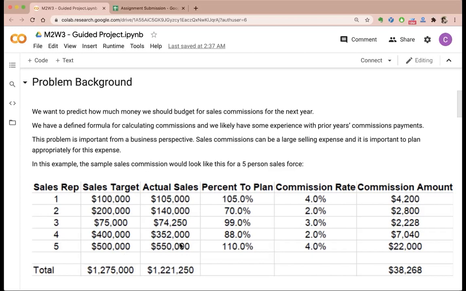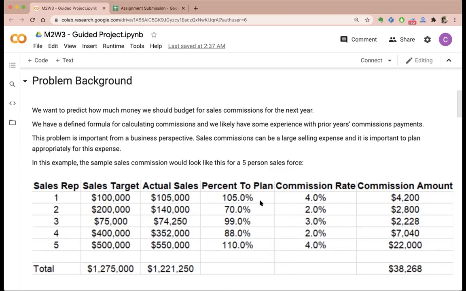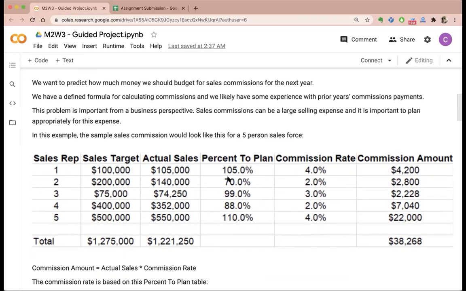So percent to plan. As some of you might know, what is percent to plan? Percent to plan is basically what percentage of the sales target did you achieve, right?